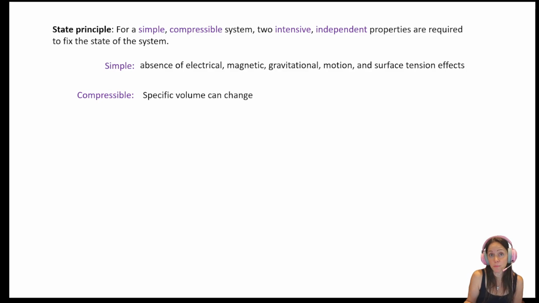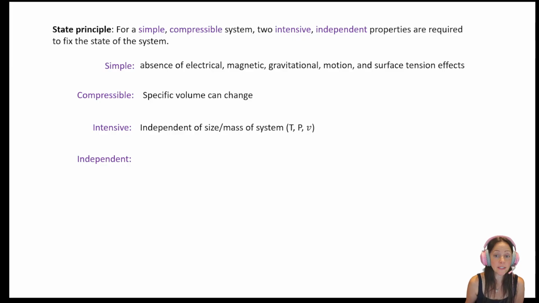Compressible means that the specific volume can change, or we might be more comfortable saying that the density can change. Intensive means that it is independent of the size or the mass of the system. So temperature, pressure, and specific volume all fall into that category.